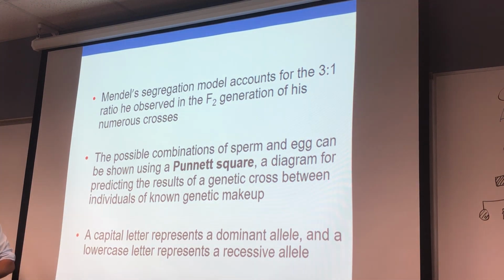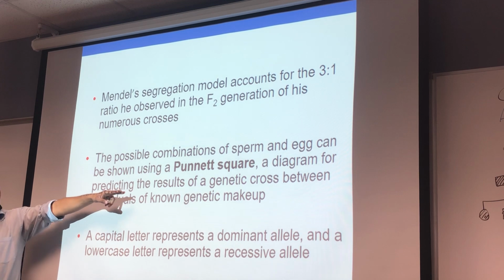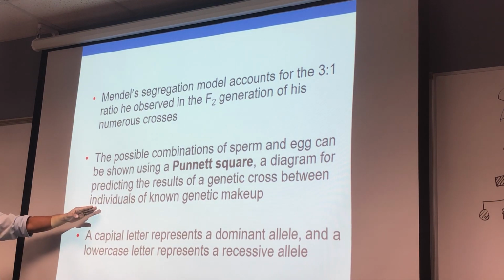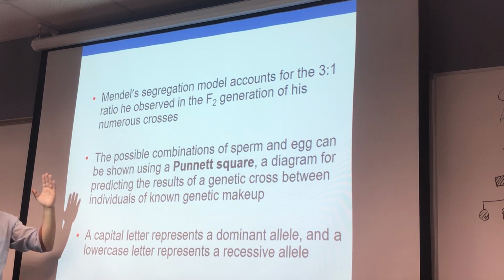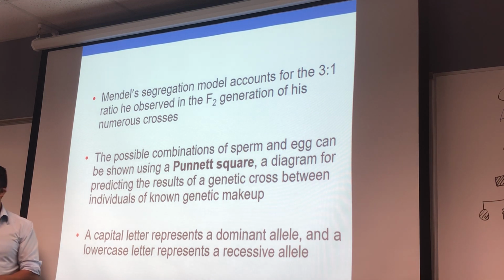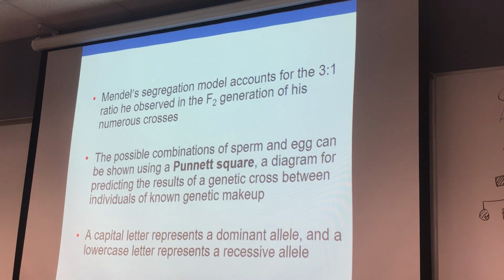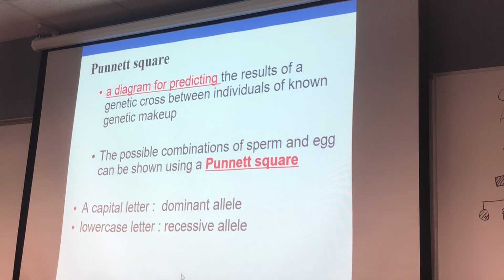Using this Punnett square to predict the genetic makeup of the offspring, by knowing the genotype of the sperm and the genotype of the egg cells. Now you create this Punnett square, and then you determine the genotype for these particular offspring. Capital letter represents the dominant allele, and lowercase represents the recessive allele. So that's the Punnett square.